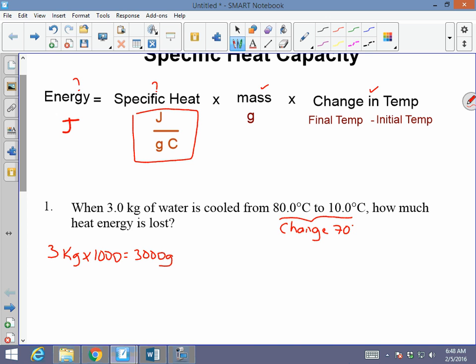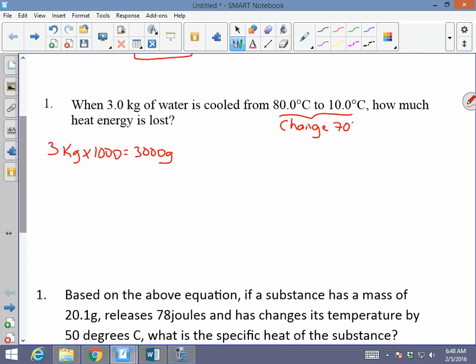I have the water, 4.184 specific heat capacity of the water, that'll be joules per gram degrees Celsius, times the mass, which is 3,000 grams, times the change in temperature, which is 70 degrees Celsius.